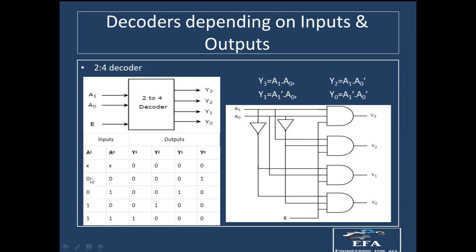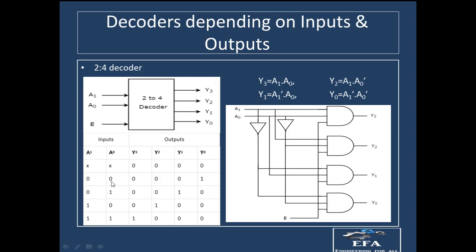Okay, so the important table starts from this point, from the second line. Now if you have 2 input lines, there will be 4 combinations out of these 2 input lines. So they will be 0 0, 0 1, 1 0 and 1 1.